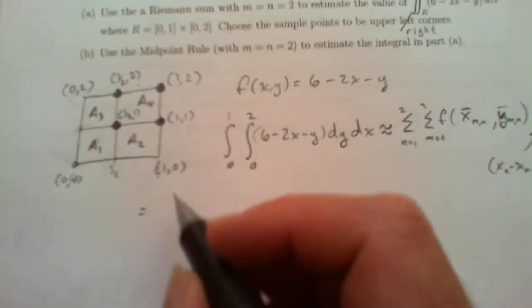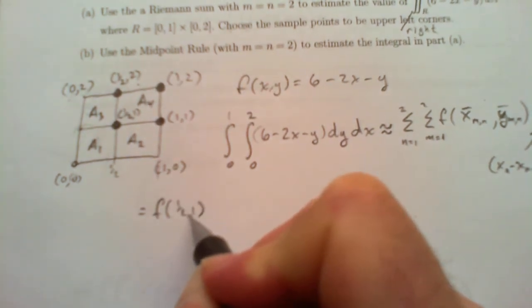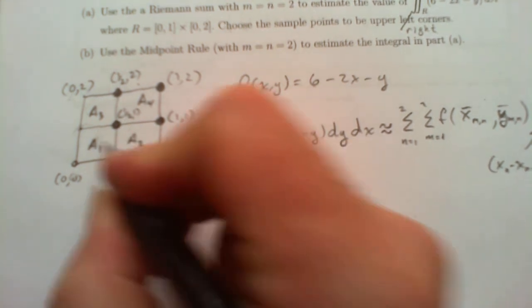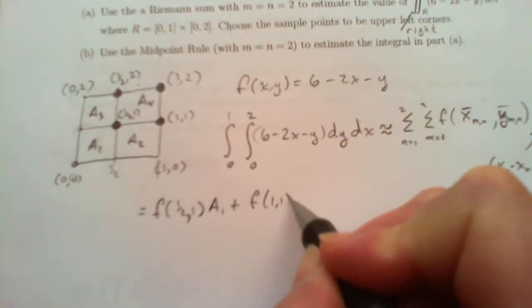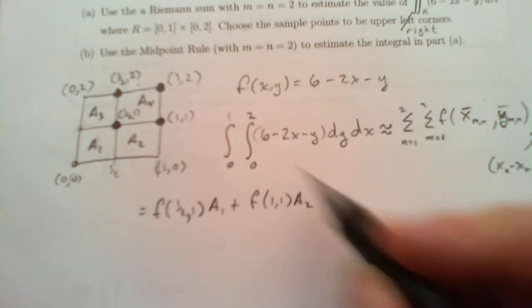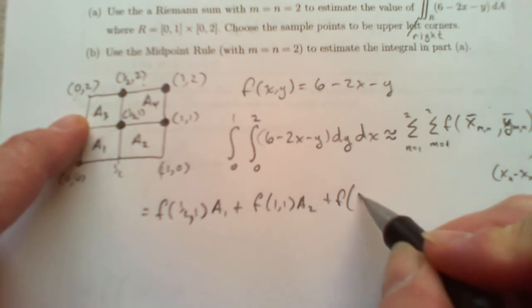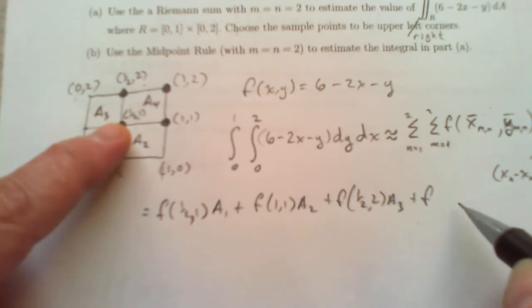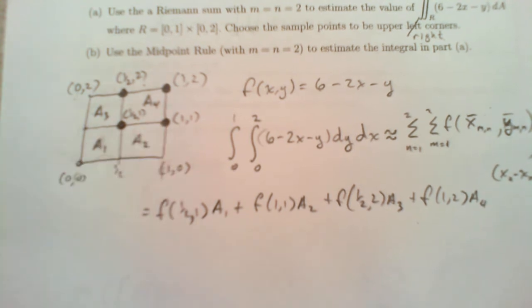So when I'm computing this, going after this first one, I'd have f of 1/2, 1, because that's that point right there, multiplied by the area of that rectangle, plus f of 1, 1 times area 2, plus f of 1/2, 2 times the third area, plus f of 1, 2 times the fourth area. So it's going to be just that simple.